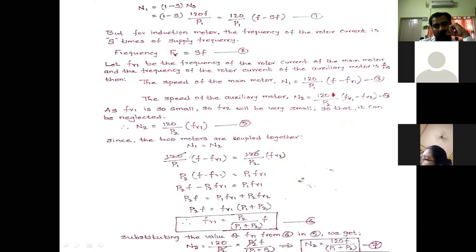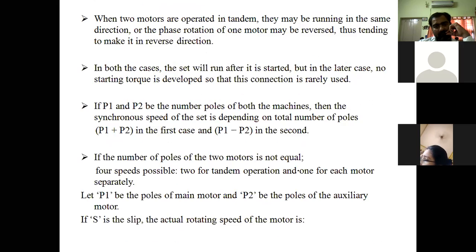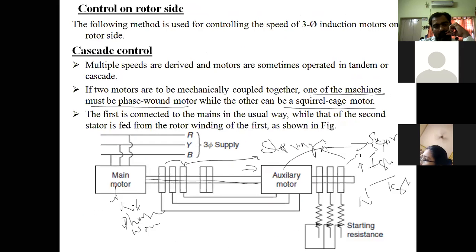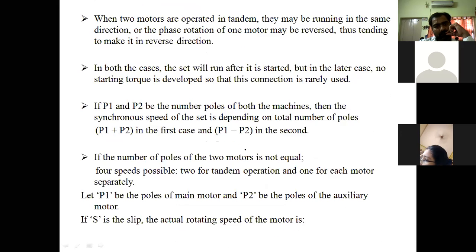Just I will post it. This is the equation: N2 is the speed at the rotor side, of your auxiliary motor. N1 is the speed of your main motor and N2 is your auxiliary motor speed. Based upon the total number of poles, I have taken P1 and P2 as the poles of the two machines.